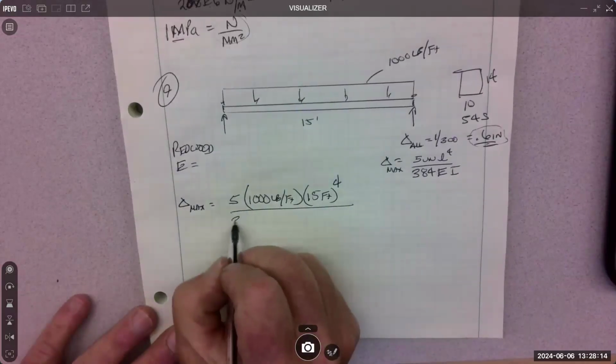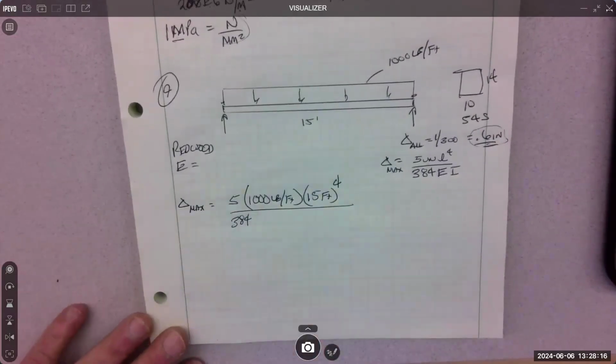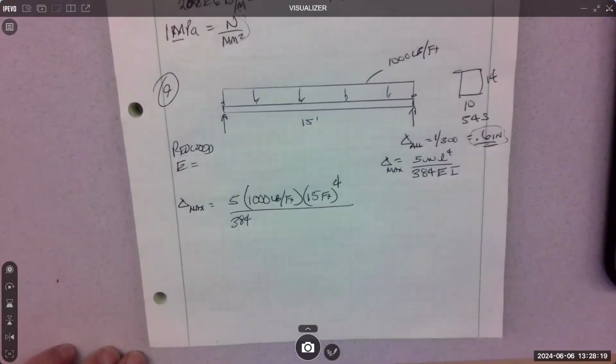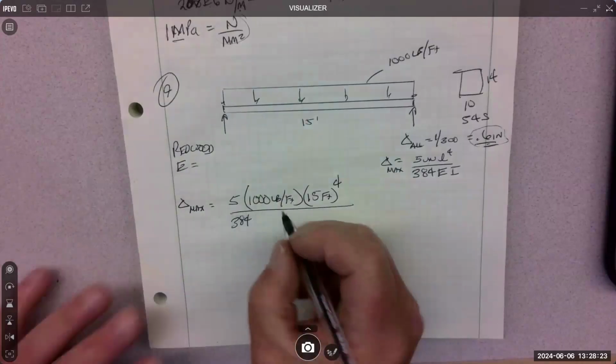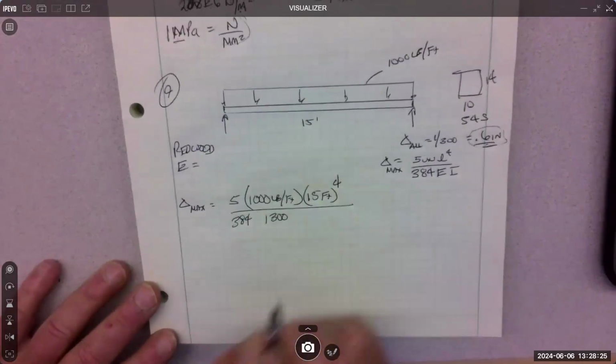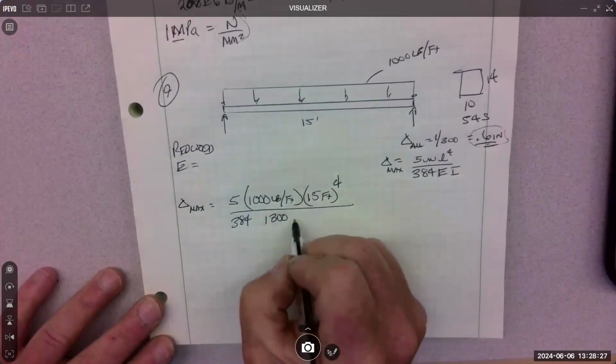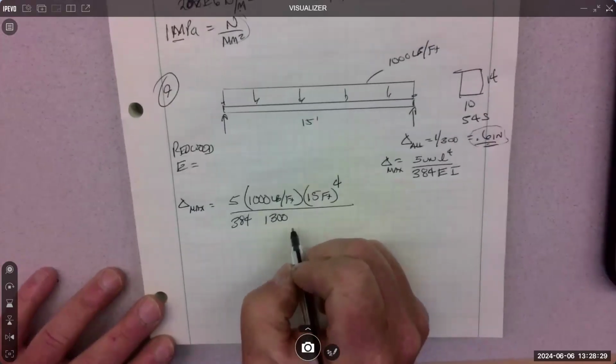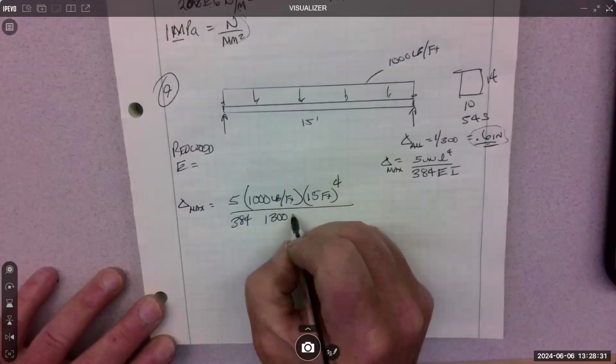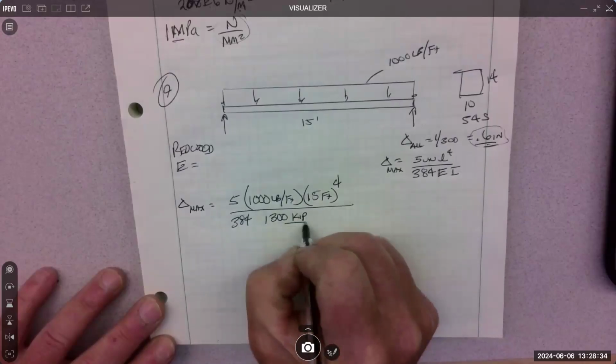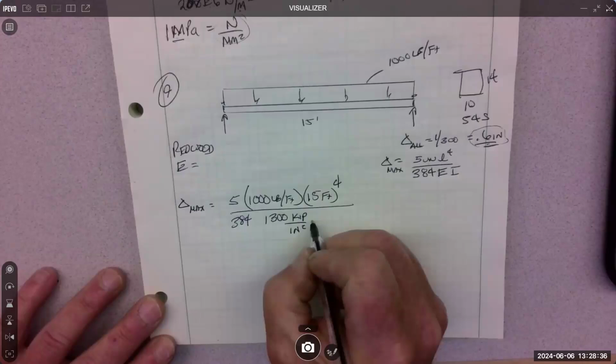All over 384 E. For Redwood, how much? 1,300. What's the unit? KSI, kips per inch squared.